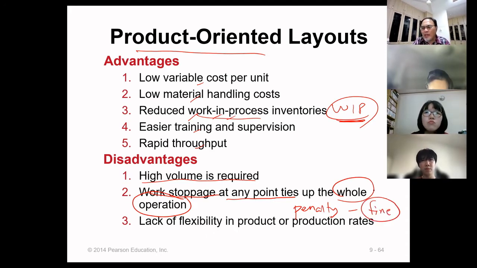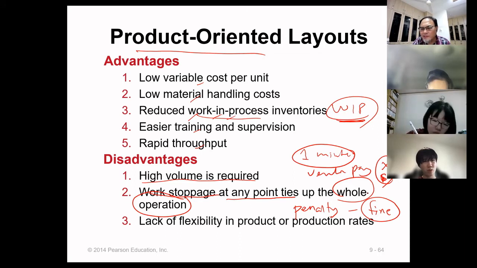You have to pay for every minute of stoppage. For 1 minute of line stop, the vendor pays some X dollars of compensation, because they delivered bad parts. So the vendor or supplier must deliver good products.